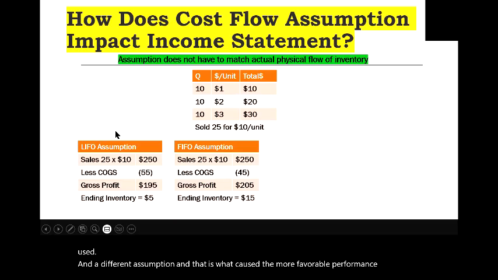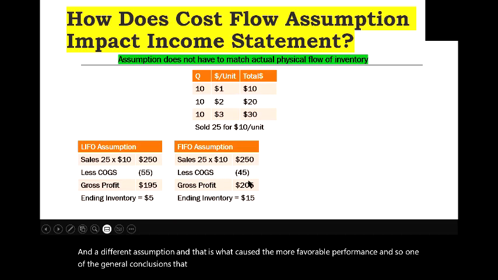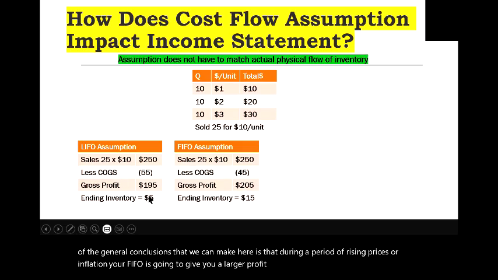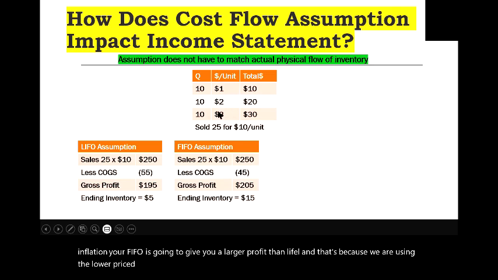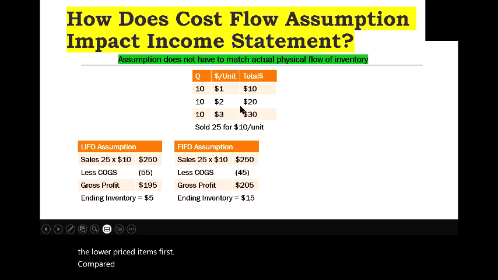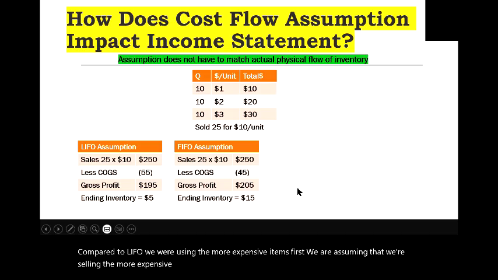And so one of the general conclusions that we can make here is that during a period of rising prices or inflation, your FIFO is going to give you a larger profit than LIFO. And that's because we are using the lower priced items first compared to LIFO, where we're using the more expensive items first. We are assuming that we're selling the more expensive items first.